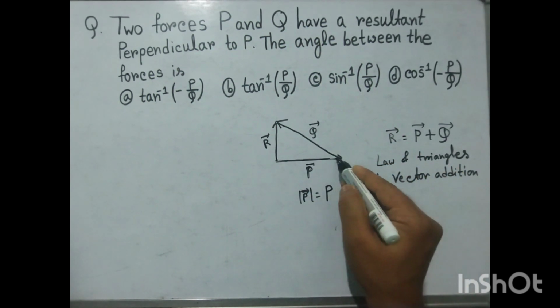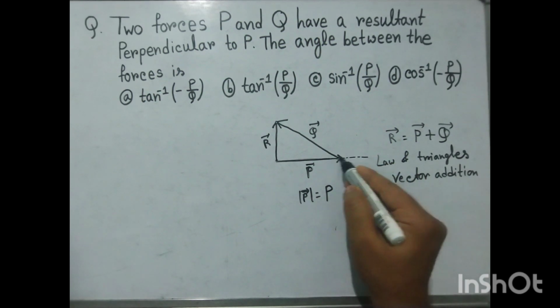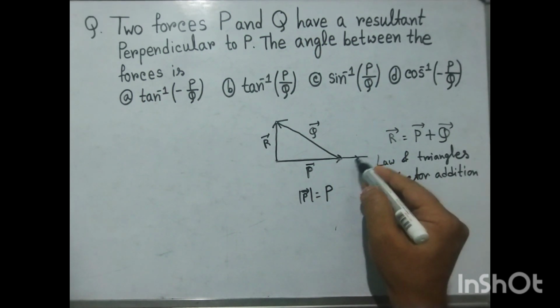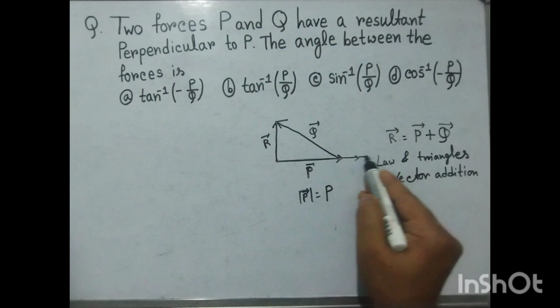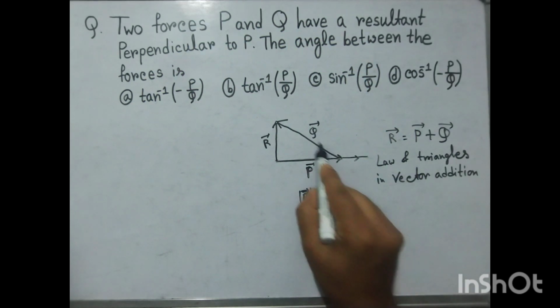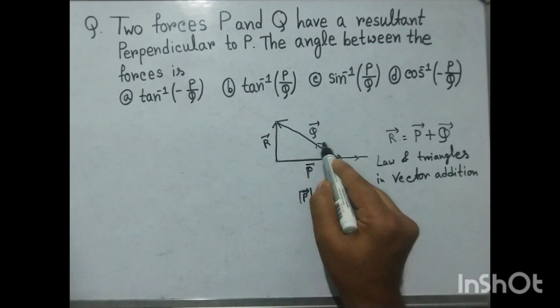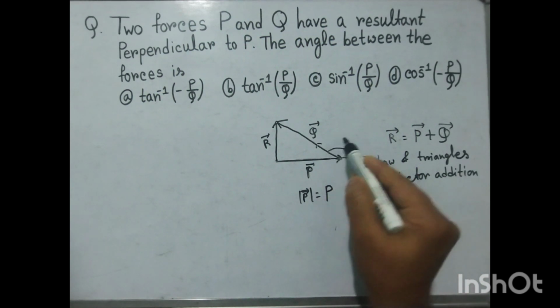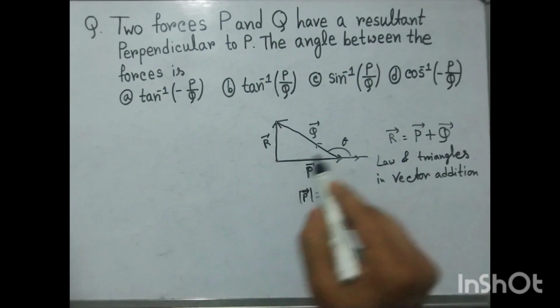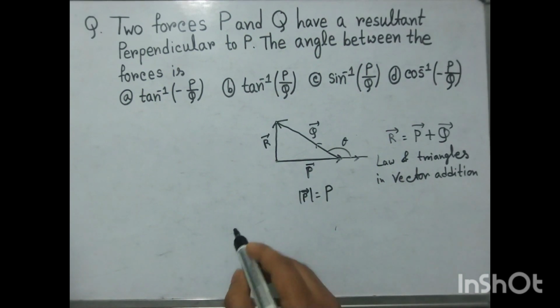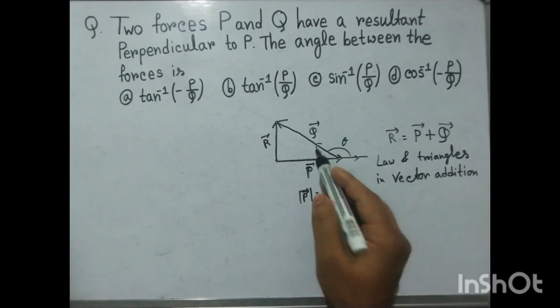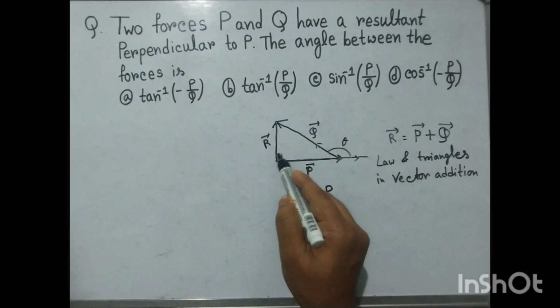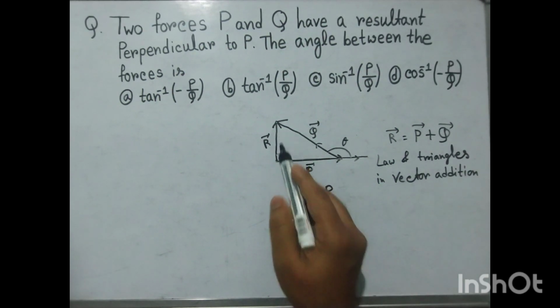So the angle between two forces is the angle between their directions. So this is the direction of p vector, this is direction of q vector. So the angle between these two forces is this theta. We have to find this theta. So this is a right angled triangle.